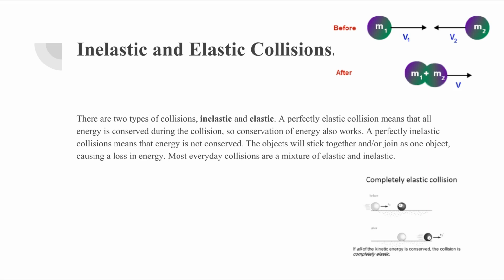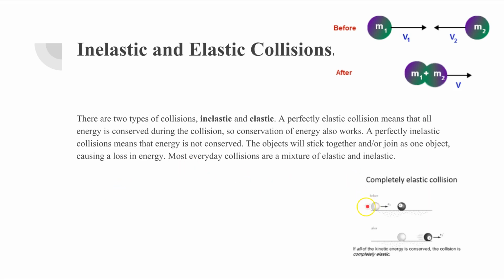Next we're going to talk about inelastic and elastic collisions. There are two types of collisions, inelastic and elastic. A perfectly elastic collision means that all energy is conserved during the collision, so conservation of energy works.